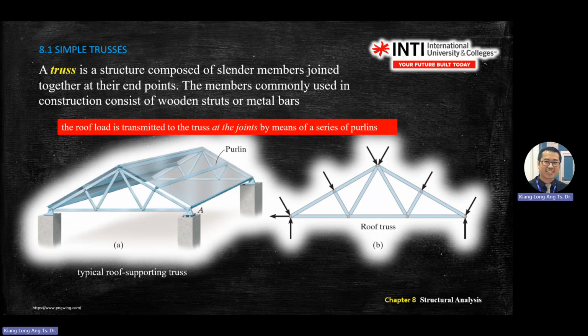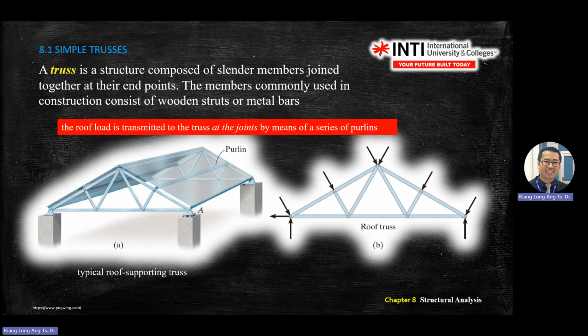This is just an explanation of what happens to the truss structure. The weight of this roof will press on the members here, and later we'll do analysis of what happens to the member. So the objective of today's lecture is to see whether that particular member is in tension or in compression.